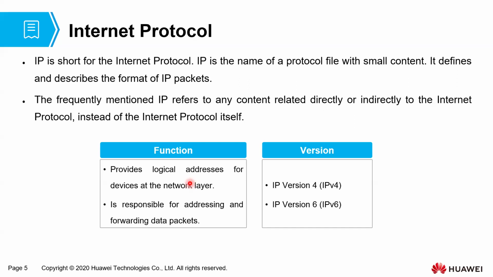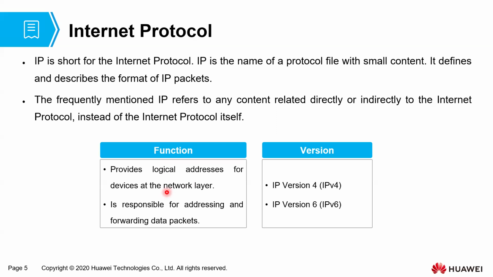Starting with IP. IP is the name of the protocol, and it defines and describes the format of IP packets. Frequently mentioned, IP refers to any content related directly to the internet protocol. Function: I think that's where we have importance here. It provides logical addresses for devices at the network layer, responsible for addressing and forwarding data packets.